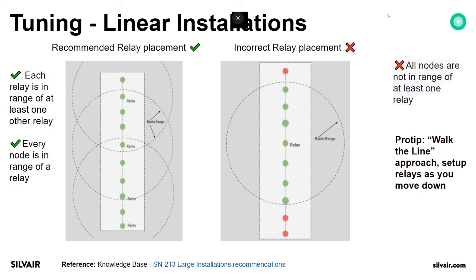So this is a recall for correct relay placement. You should always try to cover all the nodes with relays. Orphaned nodes which don't have relays, depending of course on the distance, may not work properly.